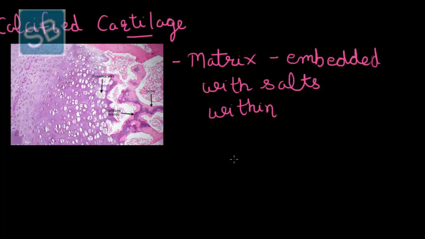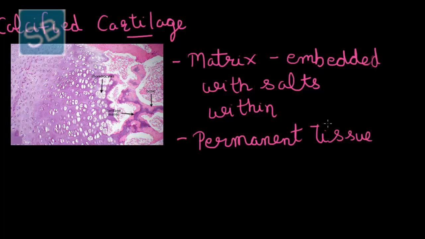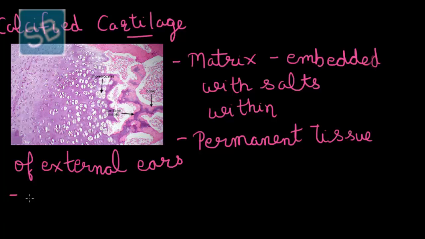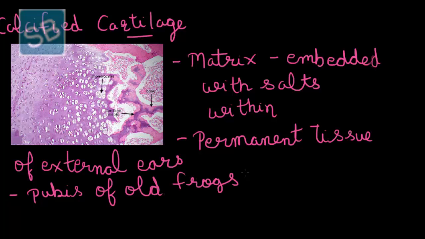It is generally seen as a normal stage in the development of cartilage during early embryonic life. However, it is also present within the permanent tissue in the external ears of many mammals. Apart from that, it is also present in the pubis of old frogs and at the head of the femur.